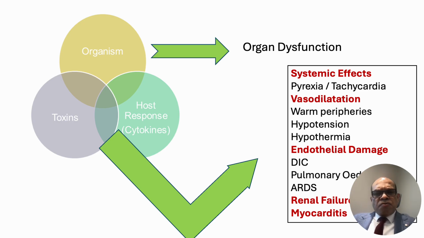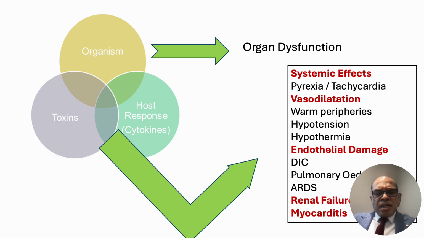So due to increased metabolic rate, you have pyrexia and tachycardia. Then because of vasodilatation due to toxins and cytokines and lactate in very end stages, we have warm peripheries, hypotension, and hypothermia. So initially the temperature goes up. That is followed by a reduction in the temperature because of hypothermia.